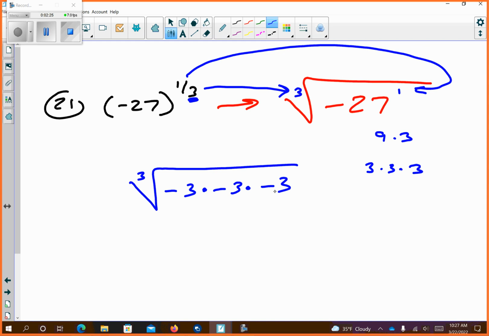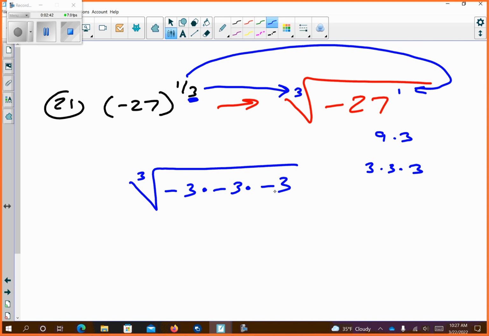Now, the reason I'm kind of slowing this a little bit is I want you to see something. How many negative 3's do I have sitting underneath that radical sign? I have 3 of them, right? And I'm taking the third root. Agreed? Does that make sense?